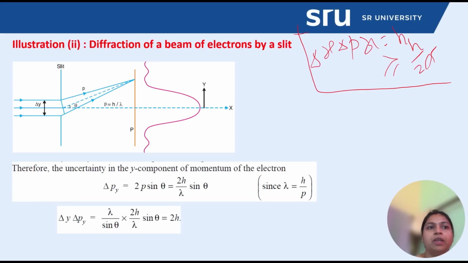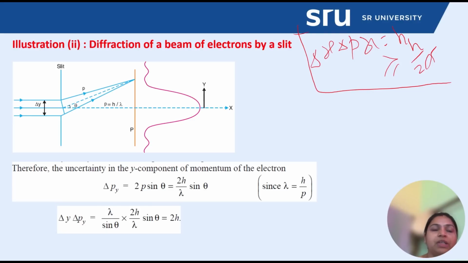So it clearly says that the process of measurement itself perturbs the particle whose properties are being measured. The second experiment shows the diffraction of a beam of electrons by a slit.